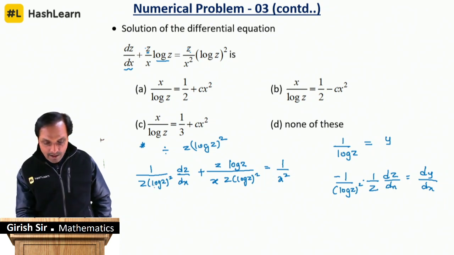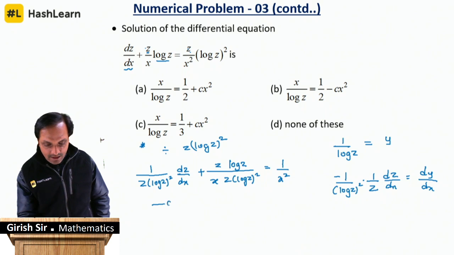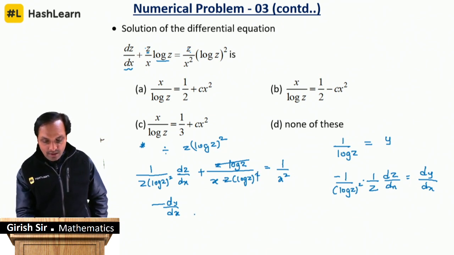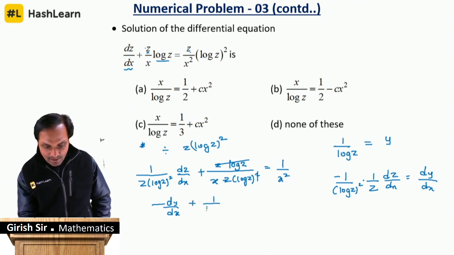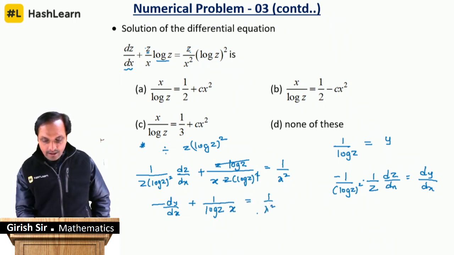Okay, what has happened? 1 by z log z square dz by dx, this became minus dy by dx. After cancelling these two terms, this part will cancel with y z, and 1 by log z will be left. That will be 1 by log z, and with that x also will be left, is equal to 1 by x square.